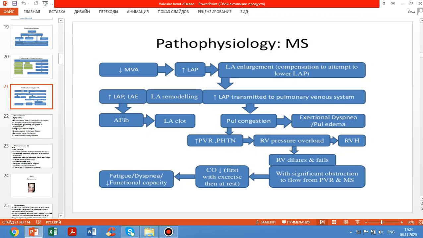In mitral stenosis, mitral valve area decreases, with high left atrial pressure and left atrium enlargement, a compensation attempt to lower left atrium pressure. Due to this, the pressure is transmitted to the pulmonary venous system, causing left atrium remodeling.